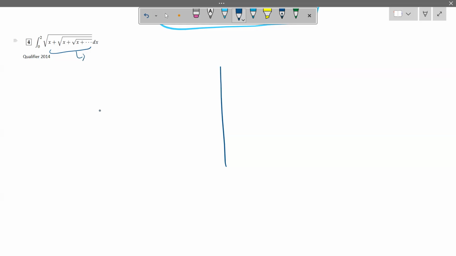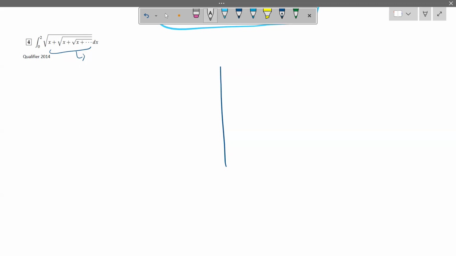This nested radical goes on infinitely. So in order to solve this integral, you need to first know what exactly the integrand actually is. A standard trick for this kind of problem is to assume that this form itself is equal to some other letter.